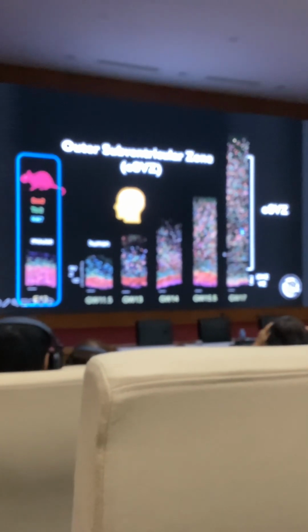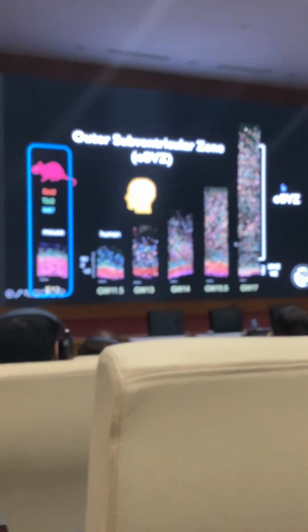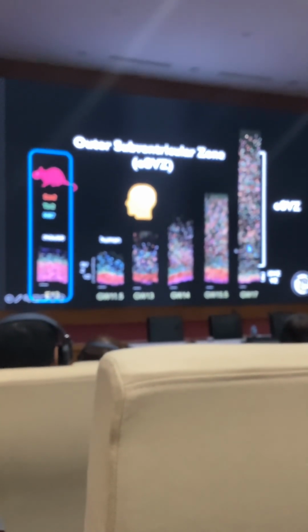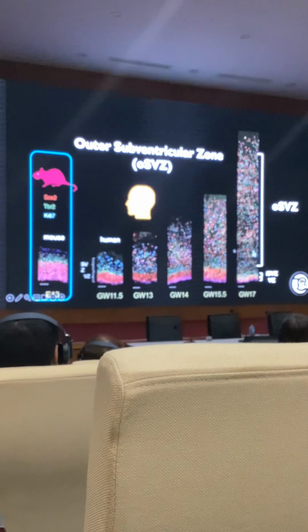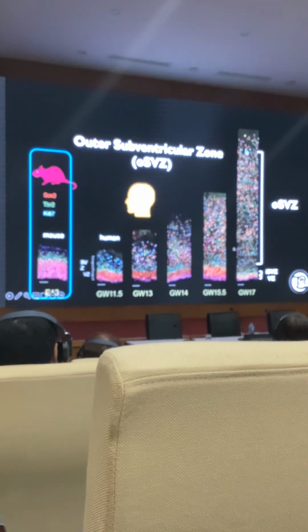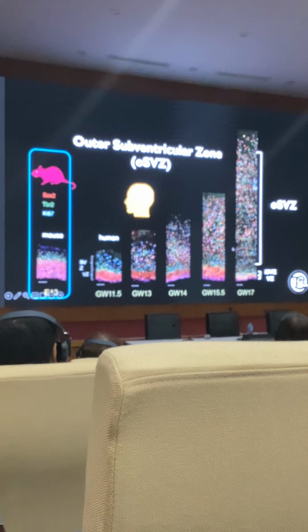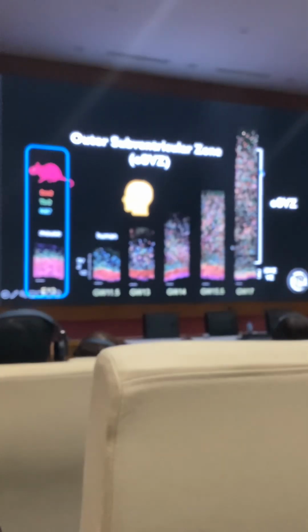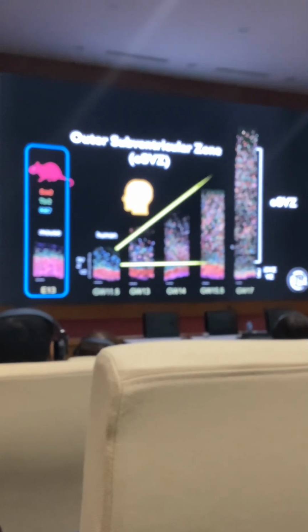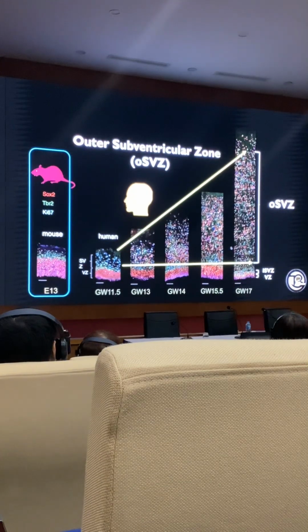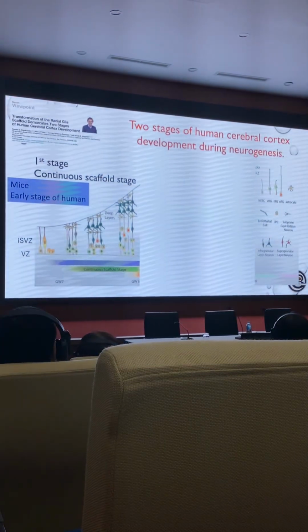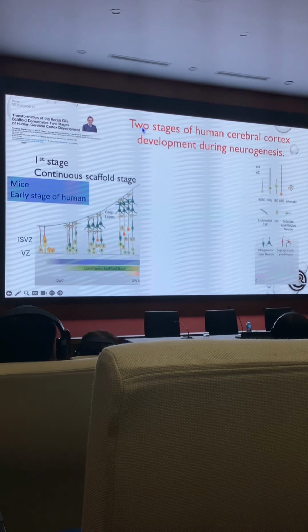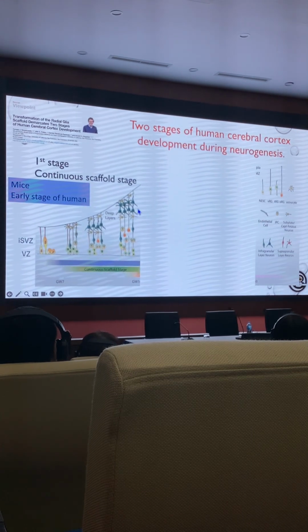The outer subventricular zone is very much in focus nowadays. Many neurons are created here, and then they migrate to the cortical plate.